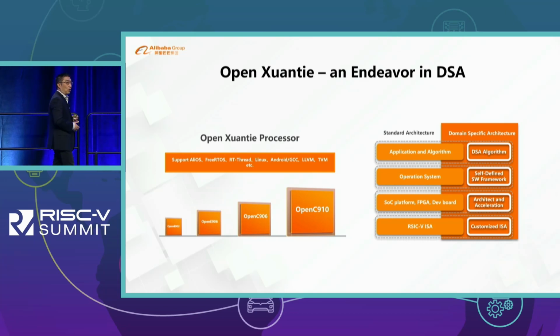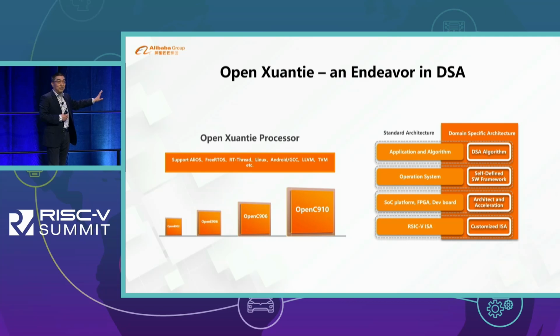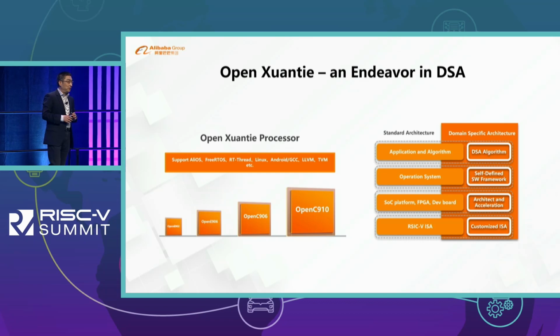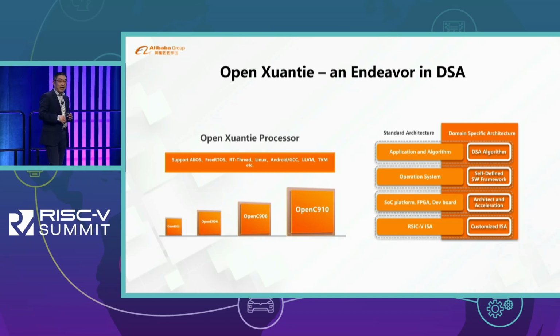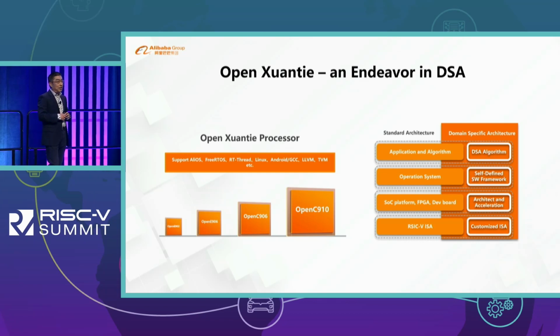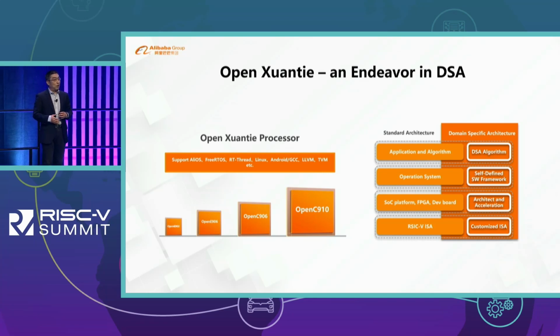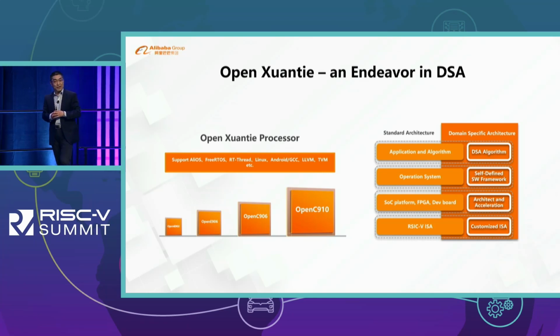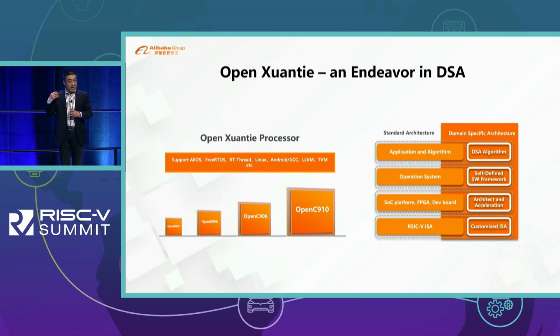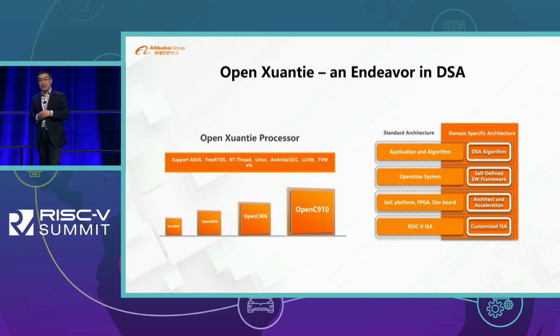We open sourced all these 4 processors, ranging from the very low power MCU applications to the high frequency, high performance C910 series, which was released about 2 years ago but is now made totally open and free. All these processors can work with the operating systems we listed here: RTOS, FreeRTOS, Linux, and Android.